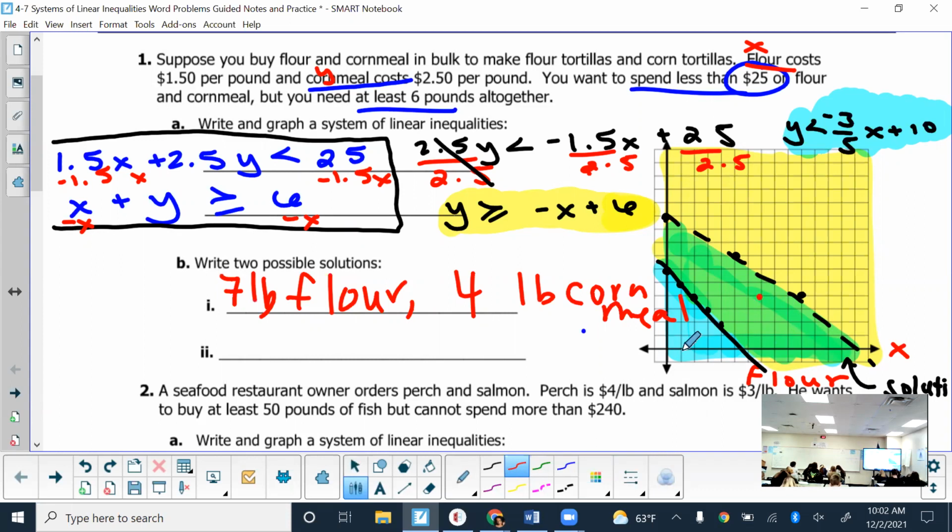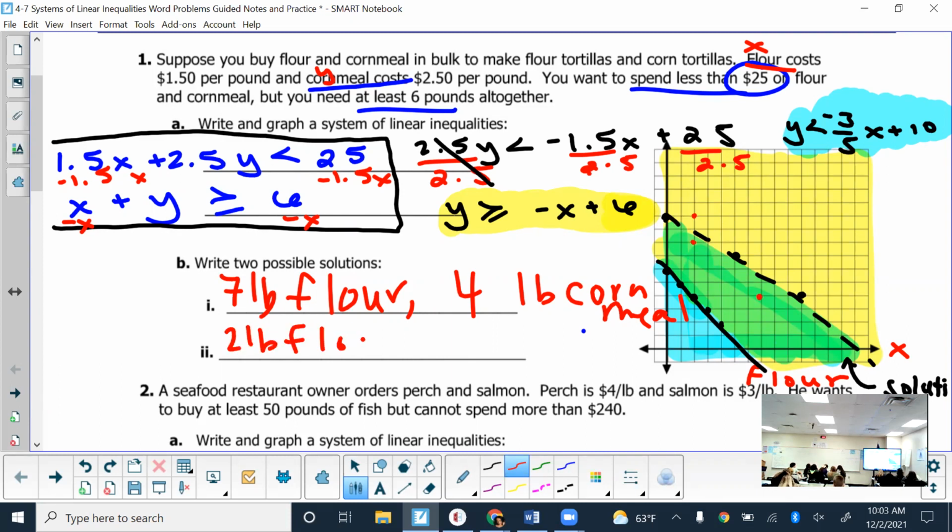All right, what's another coordinate that fits into this region? I didn't quite hear that. 2, 10. All right, so 1, 2, 3, 4, 5, 6, 7, 8. Okay, I counted 2, 10 to be here, which is not in that area. All right, so 2, 8. Good, it is in the area. So that would be 2 pounds of what?